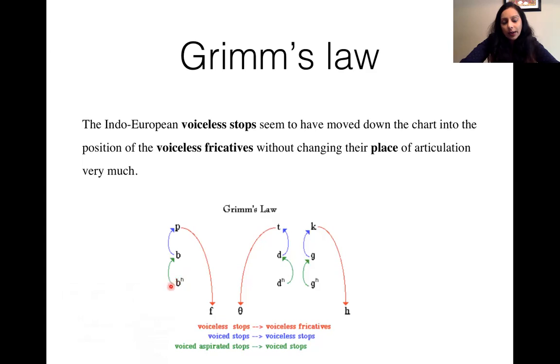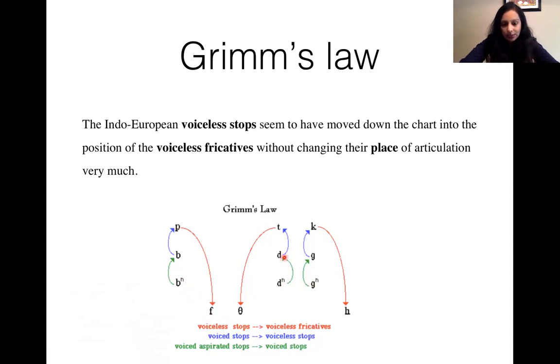We start with the voiced aspirated stops. Bh, dh, gh. Now, bh changed one position to b, which changed to p, and p changed to f.